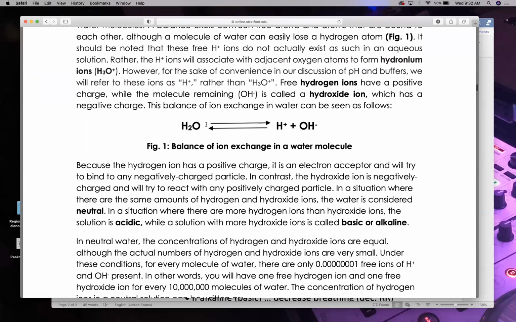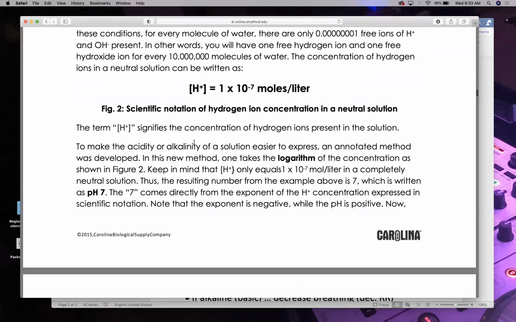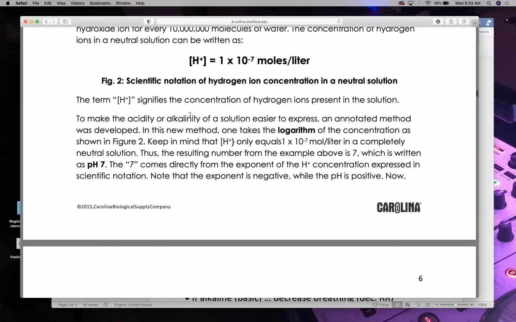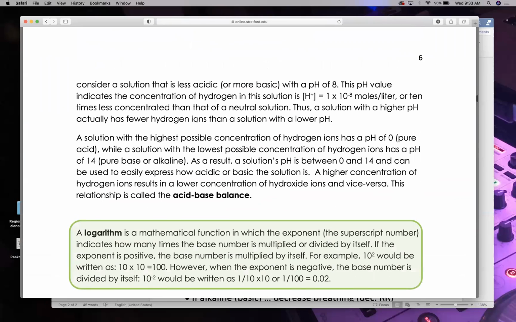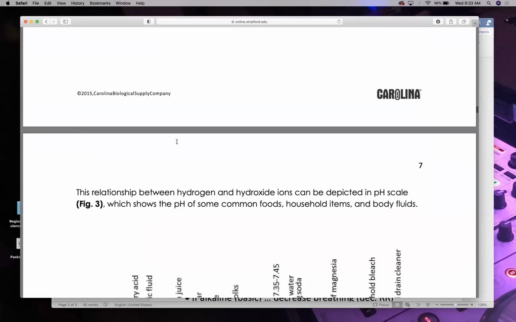And here's the balance, and you can see the balance between hydrogen ion, hydroxide ion, and water. We already showed that. And there's more math. Don't need to know that, but know that when you see brackets around an H+ or around some chemical, that means the concentration of. So pH is the negative logarithm of the concentration of the hydrogen ion. That's what it actually means.